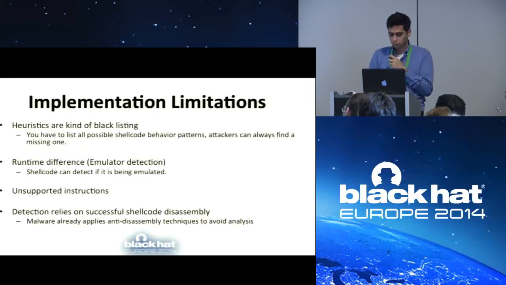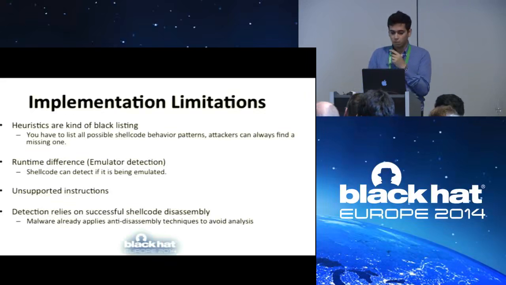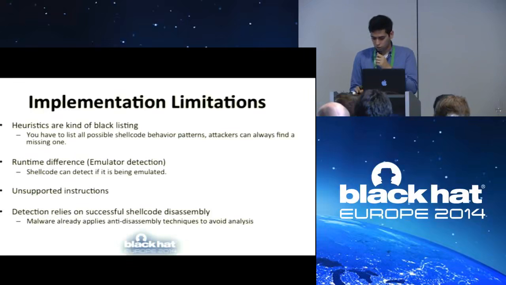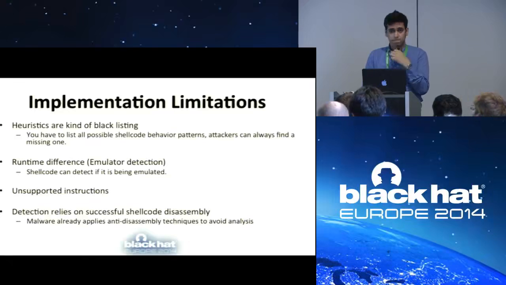And another problem in the implementation limitation is the runtime difference. Your shellcode, when it gets emulated in an EBNIDS, has a different runtime compared to a real system. And of course, with more effort and time, you might be able to overcome this problem. And another problem is unsupported instructions, which means that there are some instructions which your EBNIDS might not be able to support.